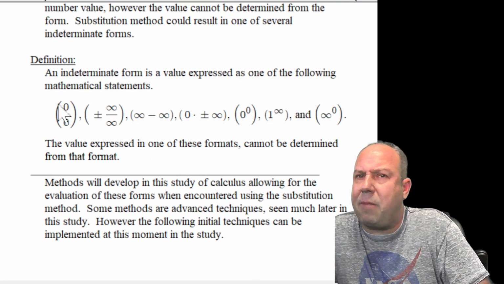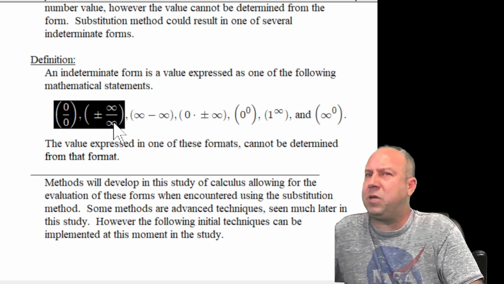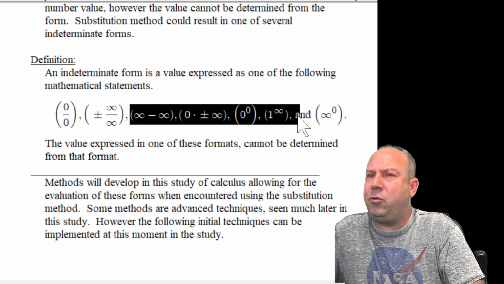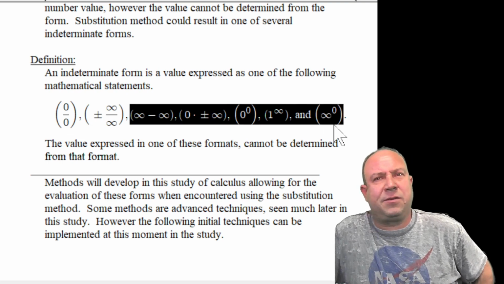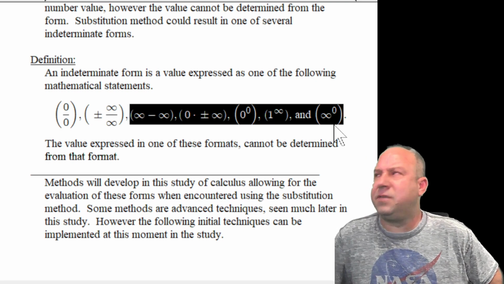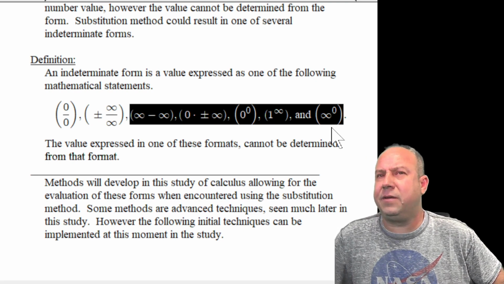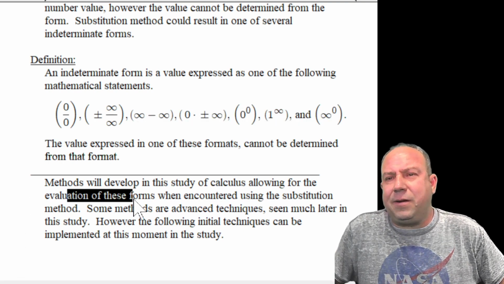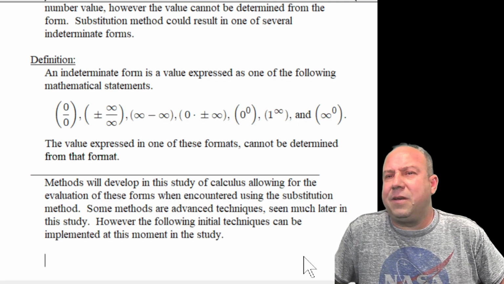Currently, you'll probably only encounter these first 2 cases. It wouldn't be fair to ask you to evaluate limits that produce these other situations quite yet. It's not until we talk about L'Hopital's that we'll see these cases particularly. So I say all that right here in this note.